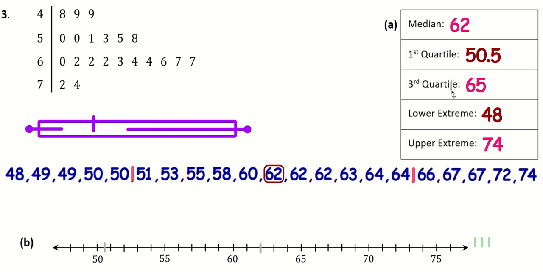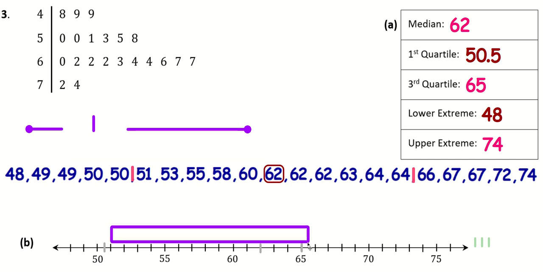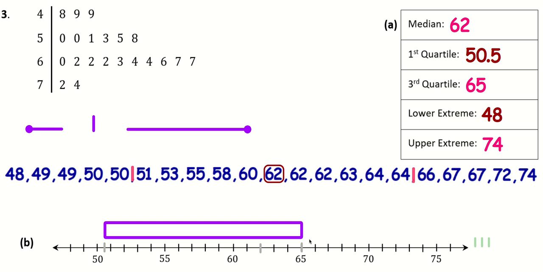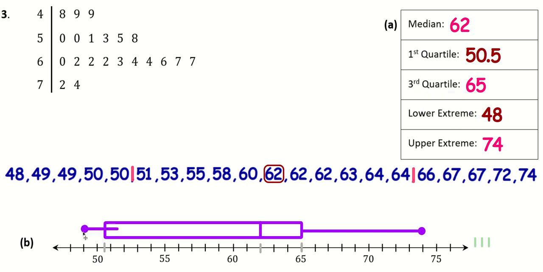And then the upper quartile, 65. So then, of course, you draw the box accordingly. And then remember, this line represents the overall median. And then this is going to go to the upper extreme, 74. So that's working out right there. And then the other whisker down to 50, 49, 48. Alright, so that does it for number 3, how that's supposed to look.